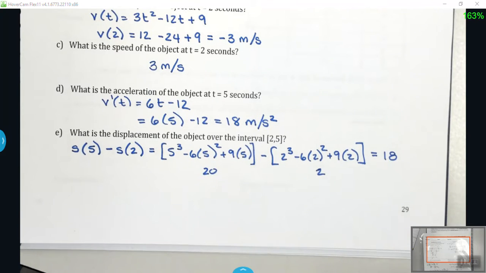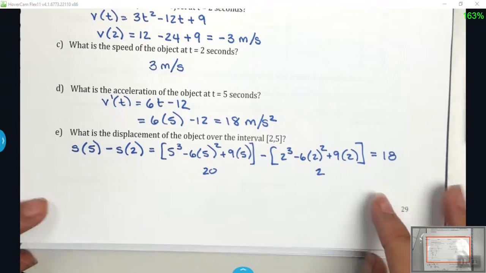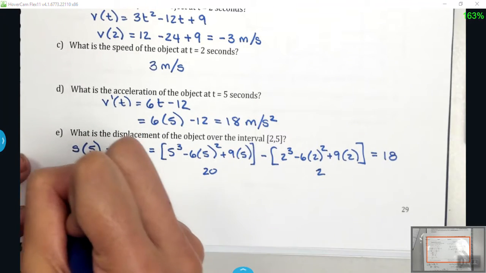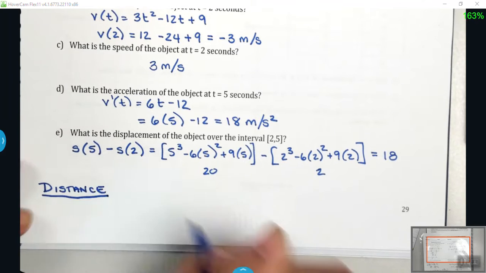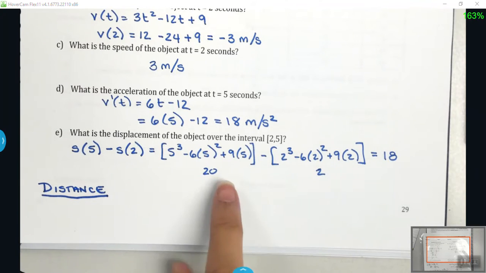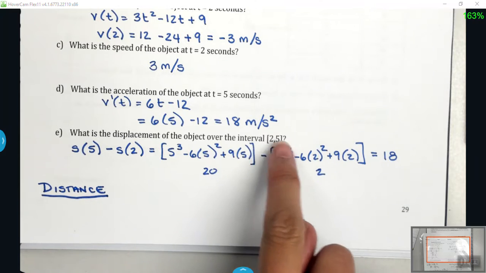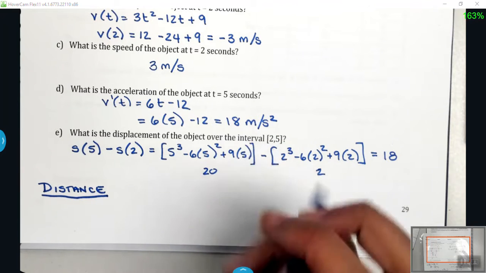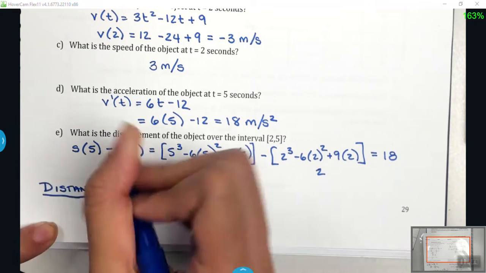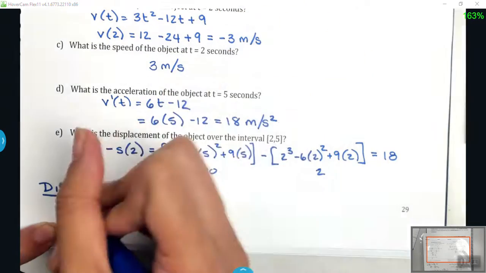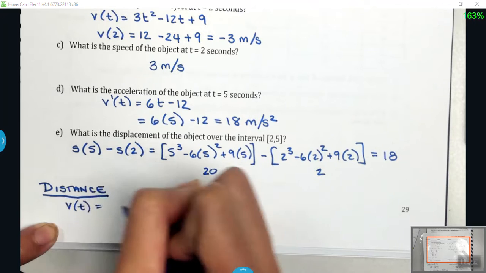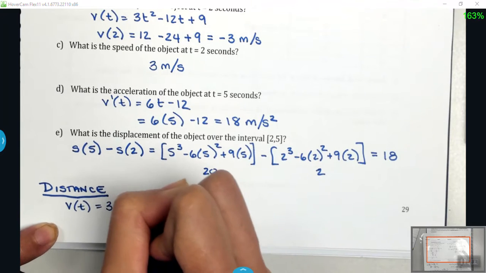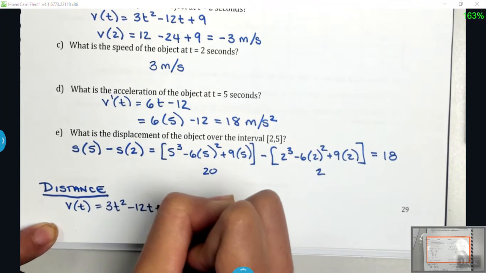All right, let's talk about one more thing. If I were to find distance, that's the harder one. So I have to see if it changes directions at any point in between 2 and 5. So I want to find my velocity and set it equal to 0. It's 3t squared minus 12t plus 9.